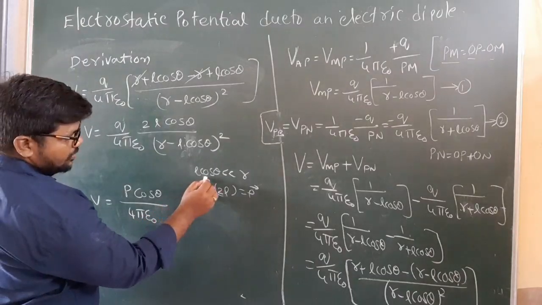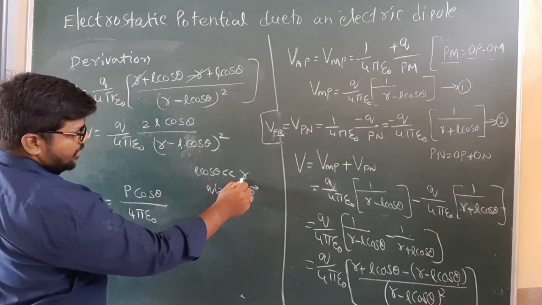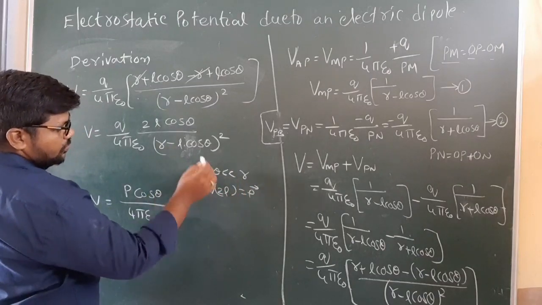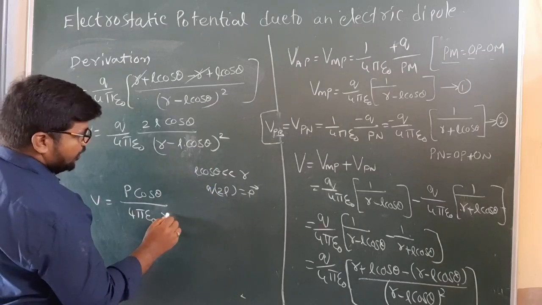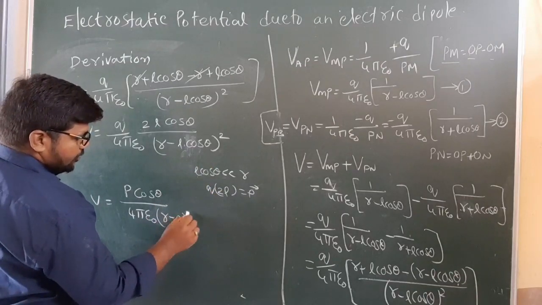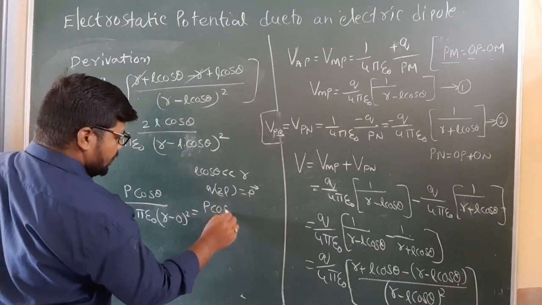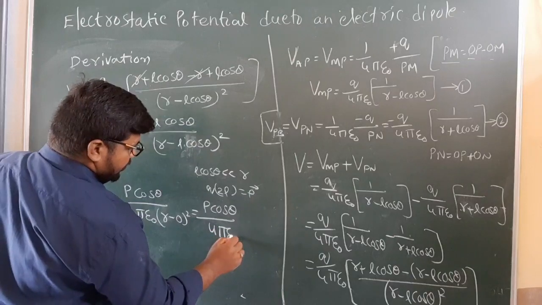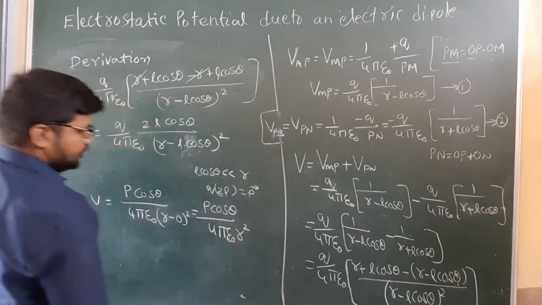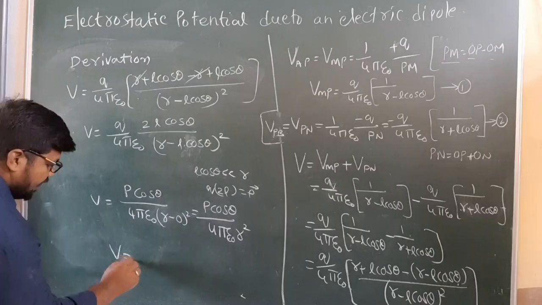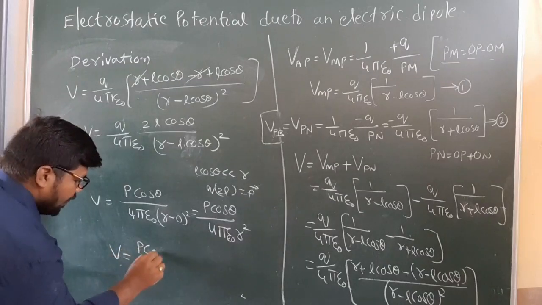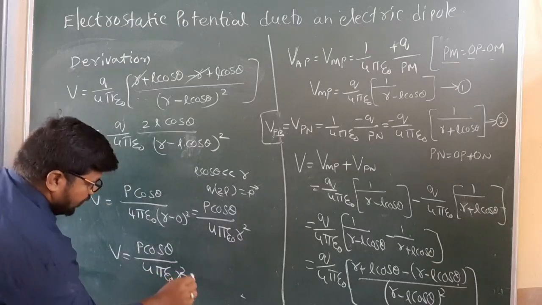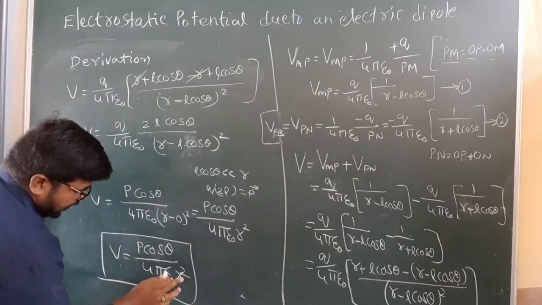If L cos theta is very less than R, it goes to 0, so we take R minus 0 whole square: P cos theta by 4 pi epsilon naught R square. Okay, so this is the final equation.